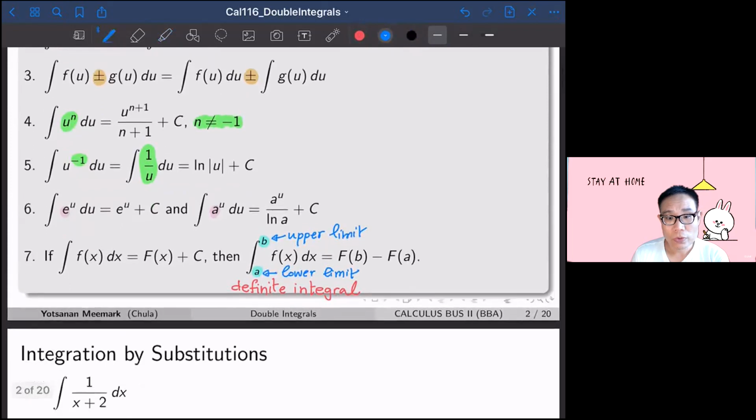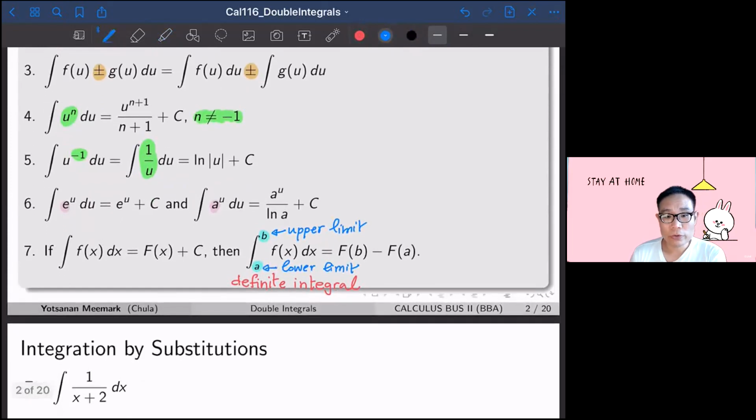Okay, so if you'd like to integrate from a to b of f(x) dx, you have the integral of f(x) dx equal to F(x) plus c. If you recall, this is sometimes called the antiderivative, the function that you integrate and you get the function.